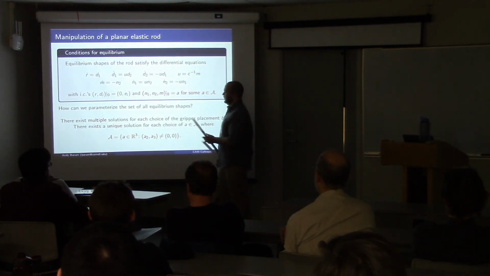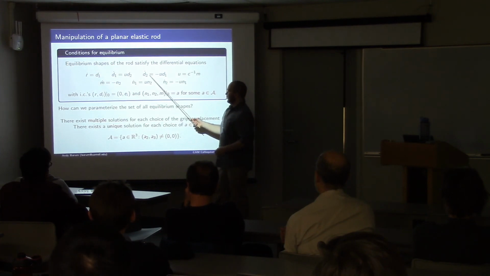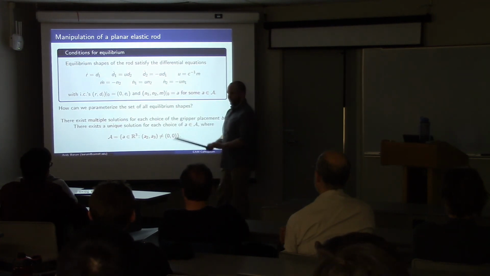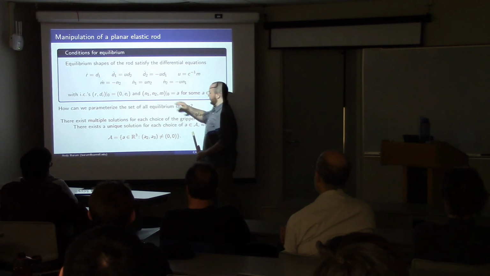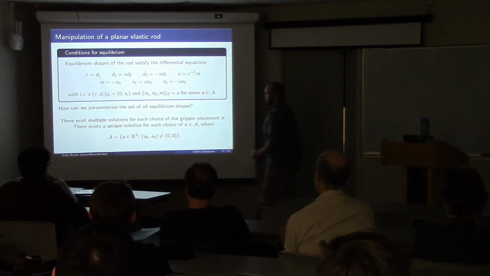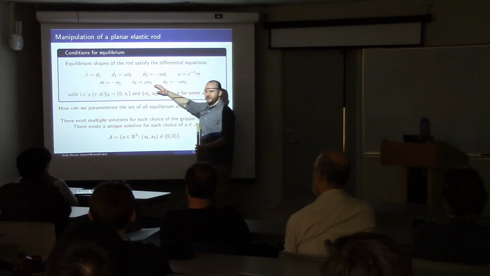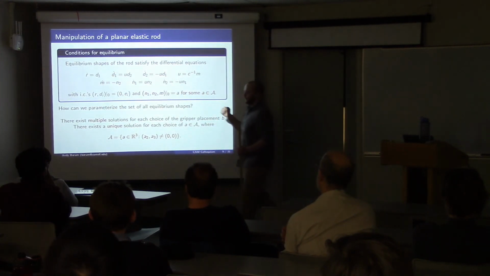We already have the initial condition for the center line and this moving frame. So to completely find the initial condition, we just need to define the force and the moment at the base of the rod. So if you tell me the values of these three numbers, I can solve this like an initial value problem and get a unique solution.